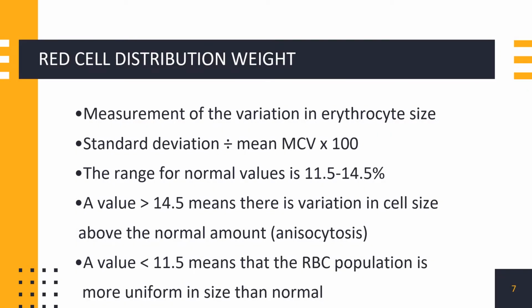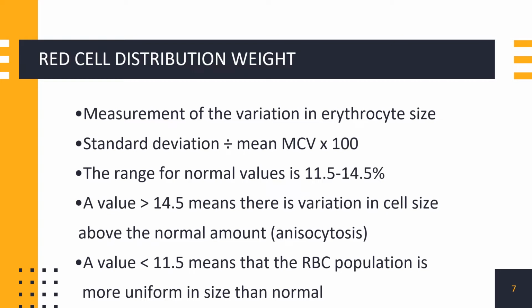The red cell distribution width is the measurement of the variation in erythrocyte size. The standard deviation divided by the mean MCV times 100 is the formula to arrive at the red cell distribution width. The range for normal value is from 11.5 to 14.5%.